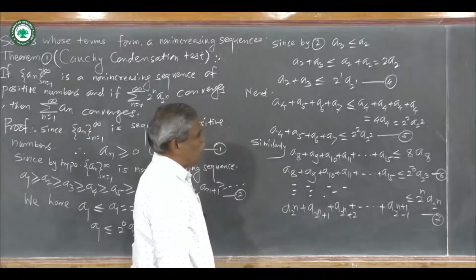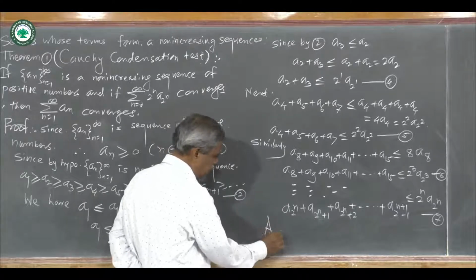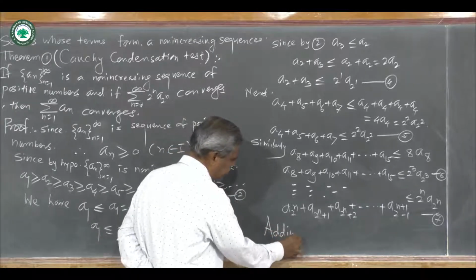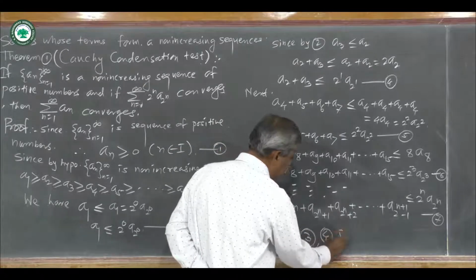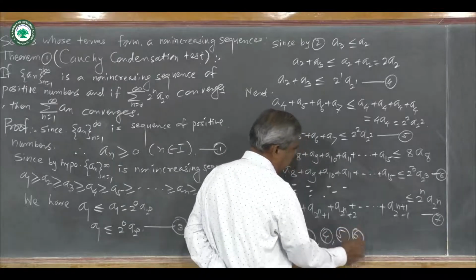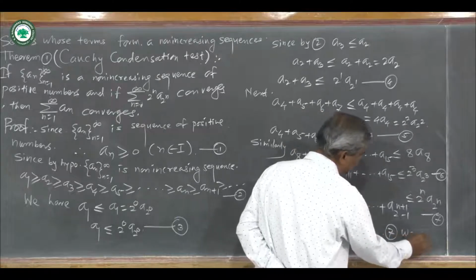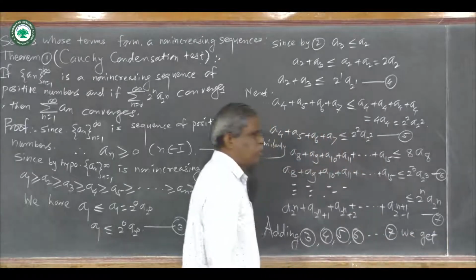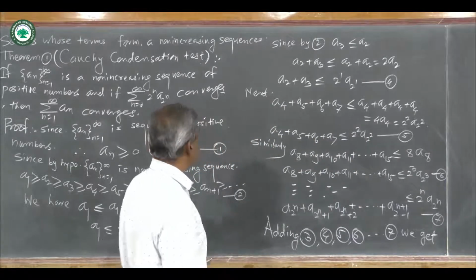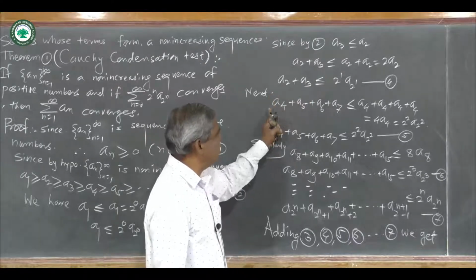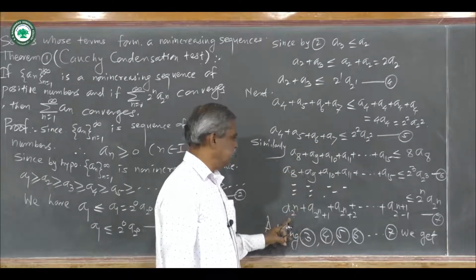Adding 3, 4, 5, 6 and so on 7, we get the sum of LHS: A1 plus A2, A1 plus A2 plus A3 plus A4, A7 plus A8 plus and so on.